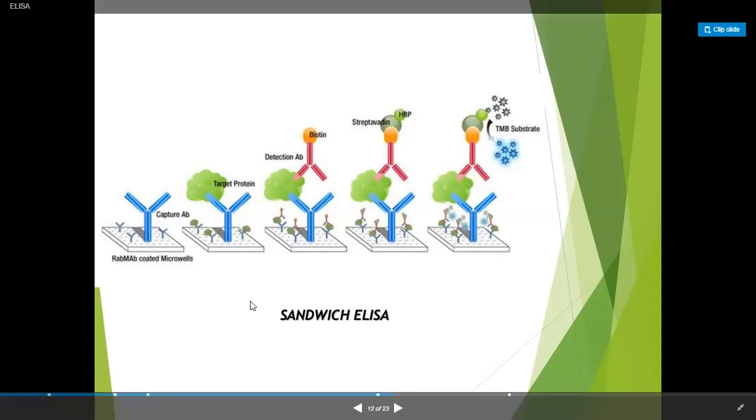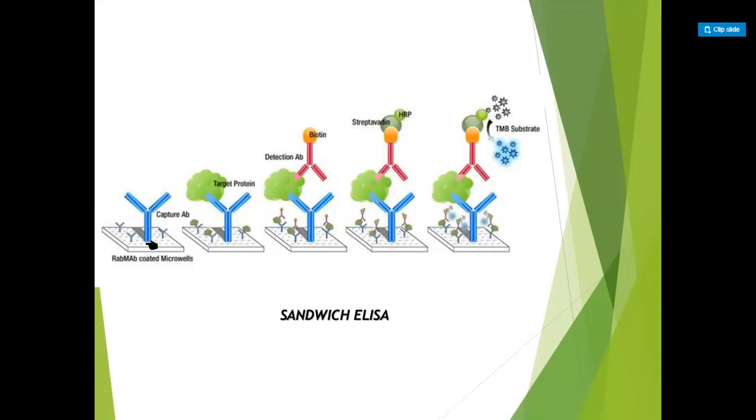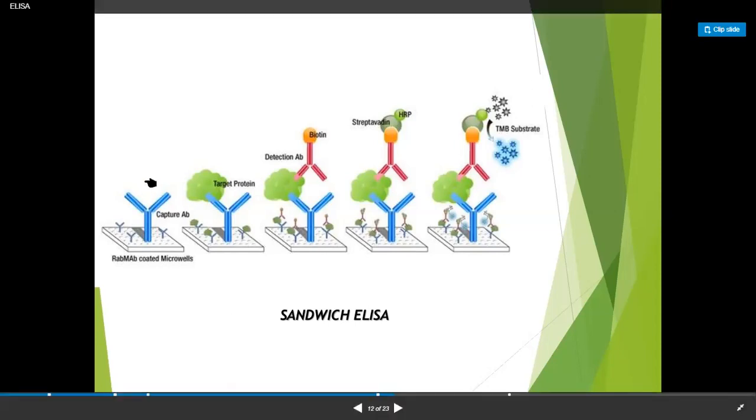So what happens in the sandwich ELISA? Sandwich ELISA is a sandwich. It is simply a sandwich in which this is the first layer, means the antibody is on the upper side, bound to the microtiter well.